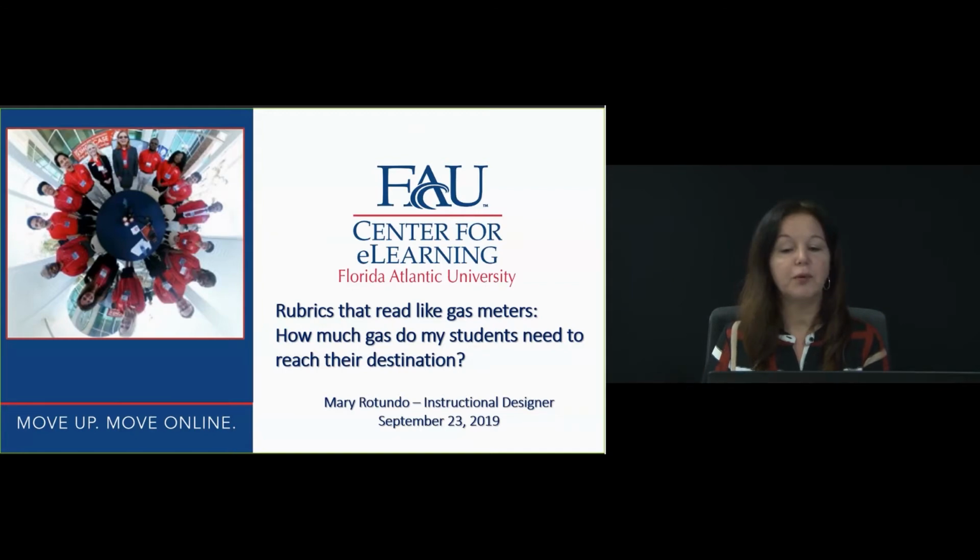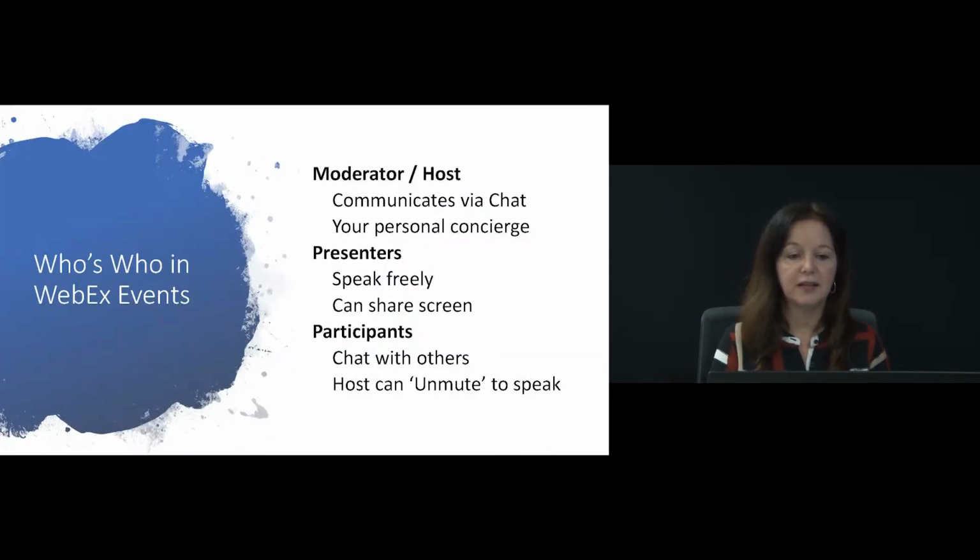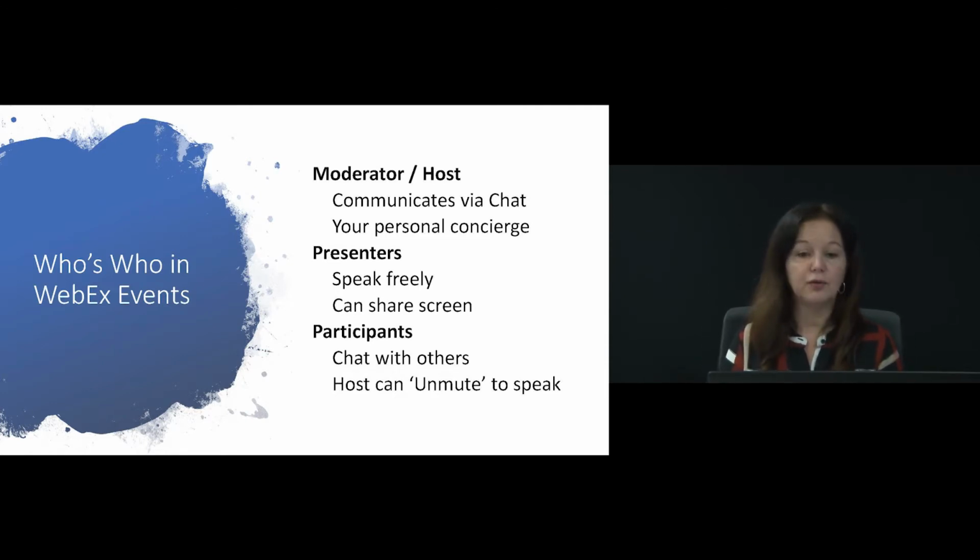So let's talk about what we're going to be doing today. We're going to discuss ideas for using rubrics as a tool for student planning, and therefore the analogy with the gas meter and the full tank, half tank, and the empty tank, and I will explain what those mean to me later on.